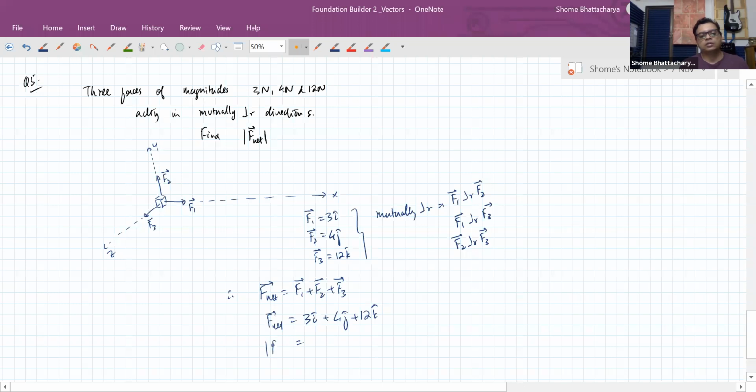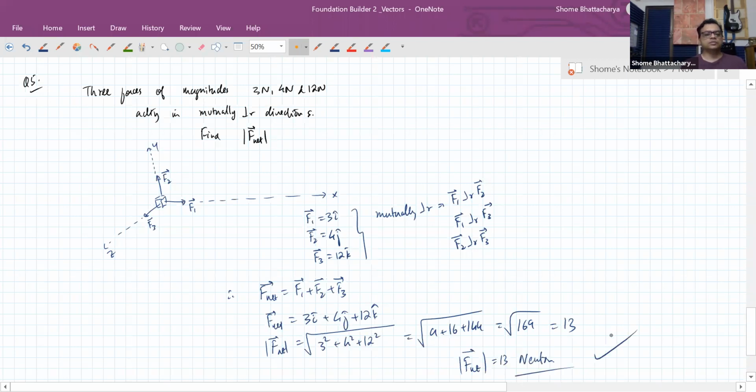So its mod will become square root of x component square plus y component square plus z component square. So that is 9 plus 16 plus 144. So that is 13. So that should become the answer. So hope this question is fully clear.